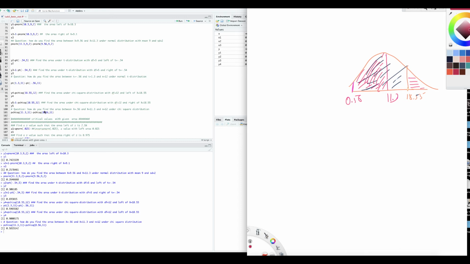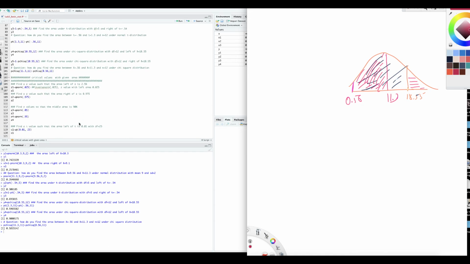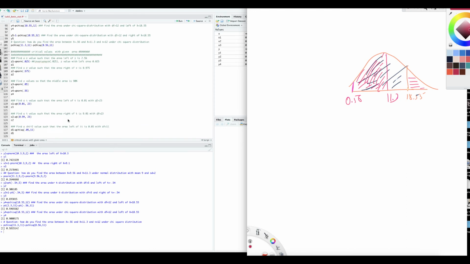So these are all about finding the area under different distribution curves. The next thing I want to do is, how do we find the critical values? Meaning, if the area is given, how do you find the G value, X value, T value, or chi-square value? That's what we are going to do next.